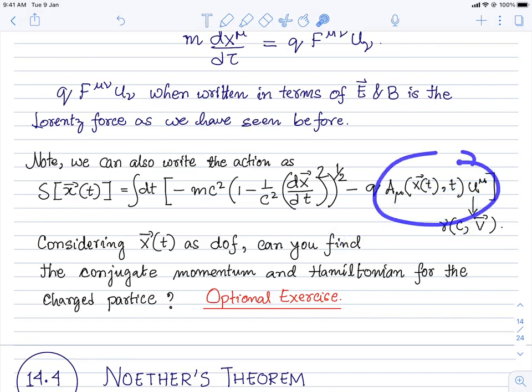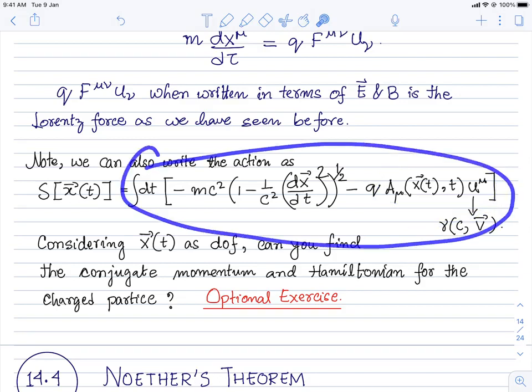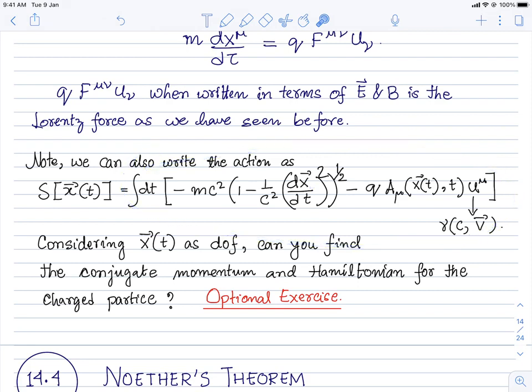So you can write this out in terms of the various potentials. This is the action for a particle where you are essentially rewriting it. This is not manifestly relativistically covariant, but x of t essentially is the degree of freedom for the trajectory, right?